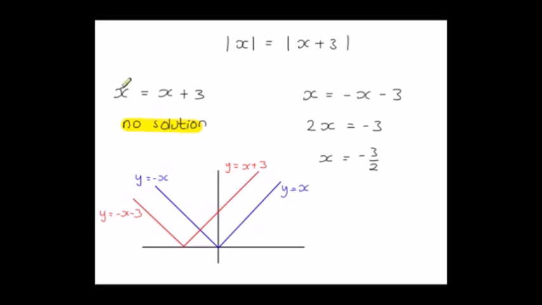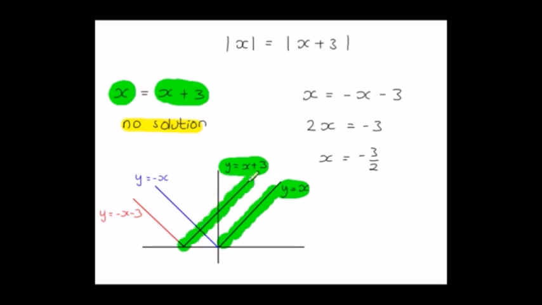And what are we trying to solve here? You've got y equals x here, and you've got y is equal to x plus 3. There's the y equals x, there's the y is equal to x plus 3, and as you can see, this line here and this line here, they are parallel to each other, they will never meet. That's why there's no solution for this equation.